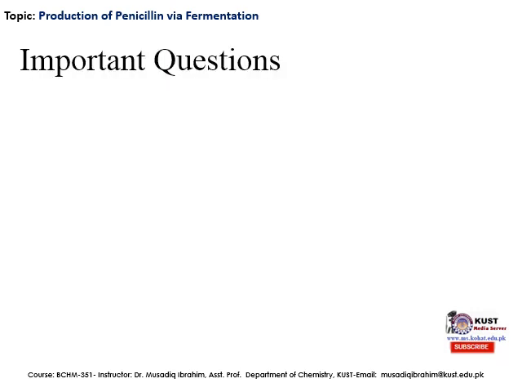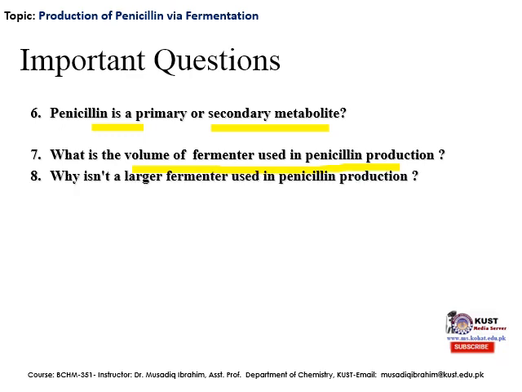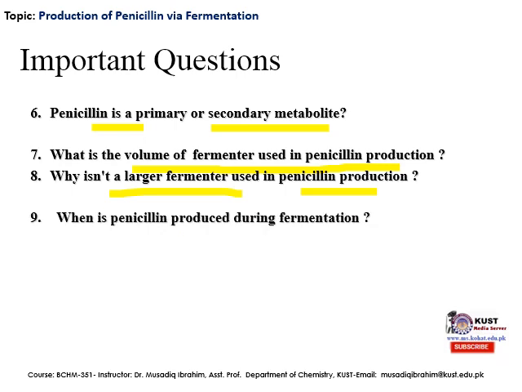Now some other important questions include: is penicillin a primary or secondary metabolite, and what is the volume of the fermenter used in penicillin production? You need to look up the answer to this question. And why isn't a larger fermenter used in penicillin production? That is also an important question.